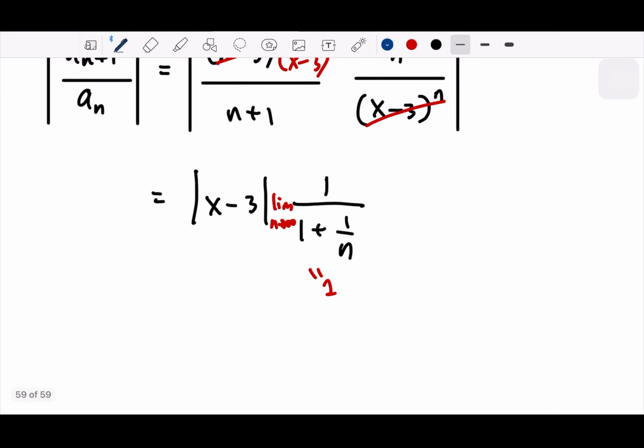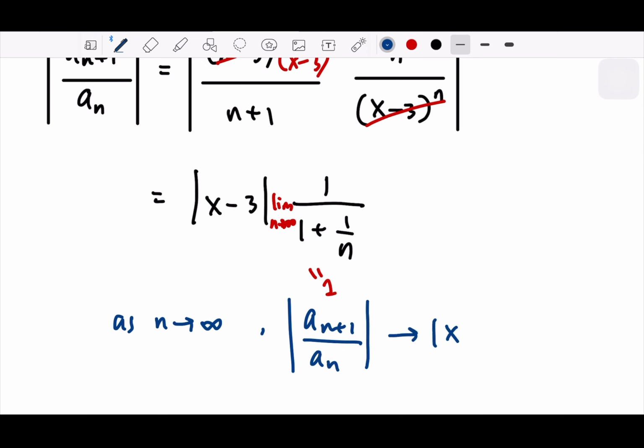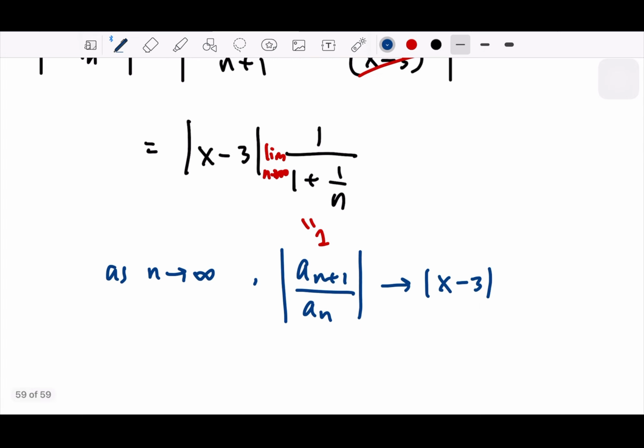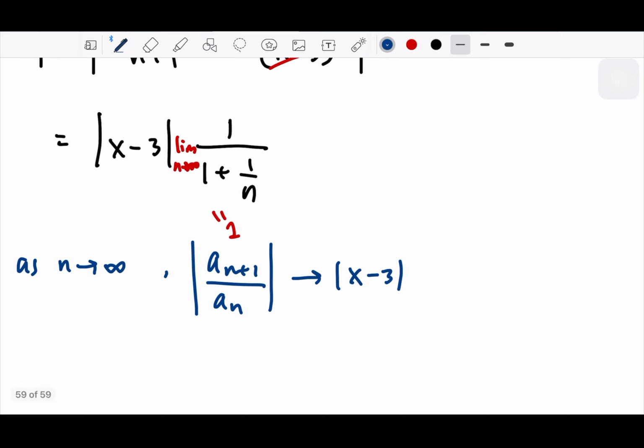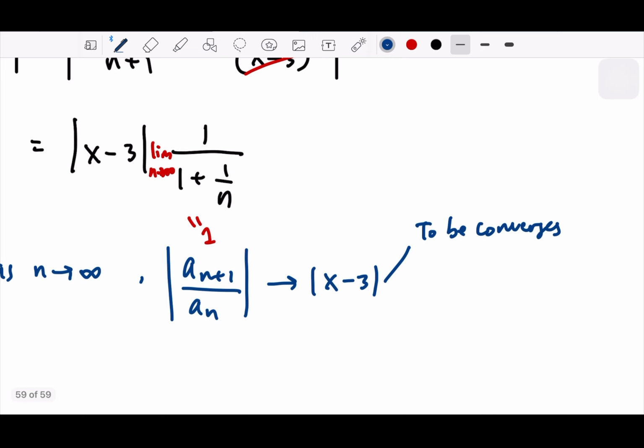So as n goes to infinity, the ratio goes to the absolute value of x minus 3. That means we have some interval: for convergence, x minus 3 needs to be less than 1, and it diverges when x minus 3 is greater than 1.